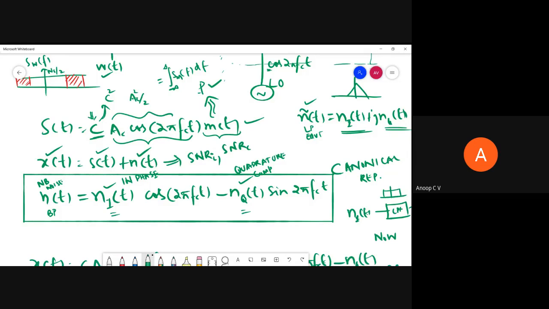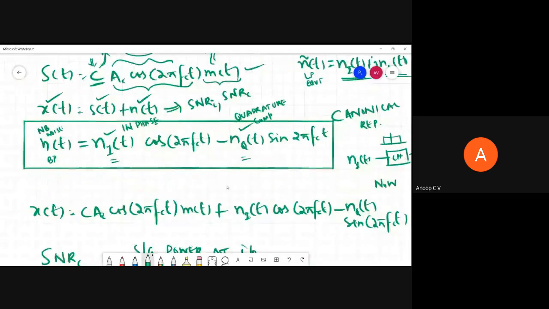If you're applying a DC to any system, it will deliver a power corresponding to its square of magnitude. AC cos 2 pi FCT will deliver a power corresponding to AC square by 2, and M of t will deliver a power corresponding to P.